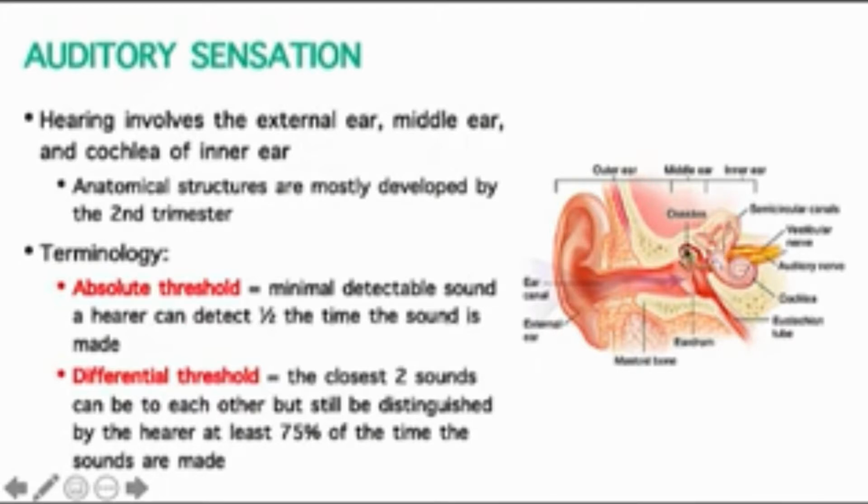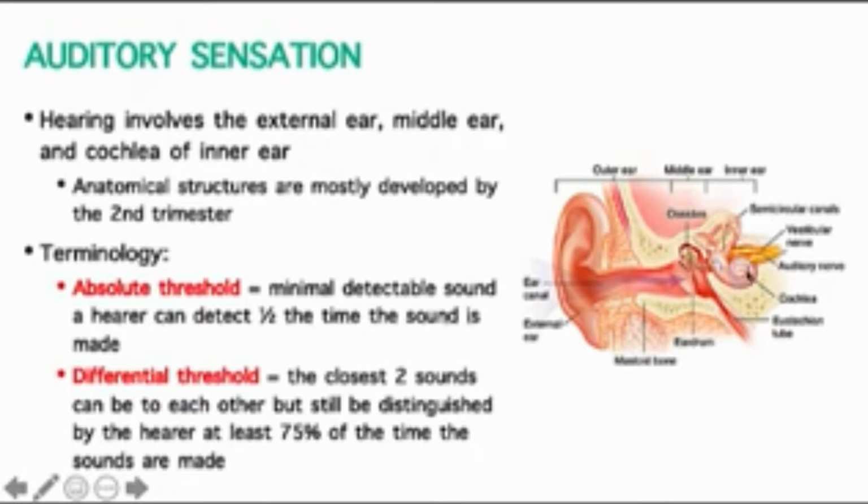They're filled with fluid, and they have different hair cells that float and change direction based on how the fluid moves, which will tell us the orientation of our head in relation to our body, or how fast our head is moving in relation to our body. That's the vestibular part, which we talked about plays an important role in kinesthetic sensation and perception.